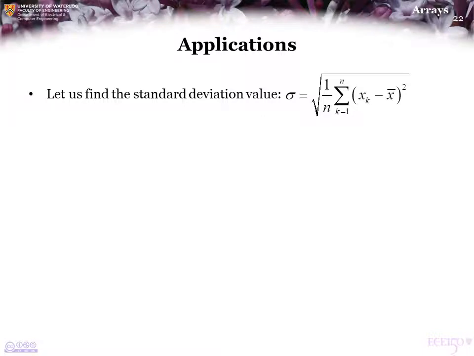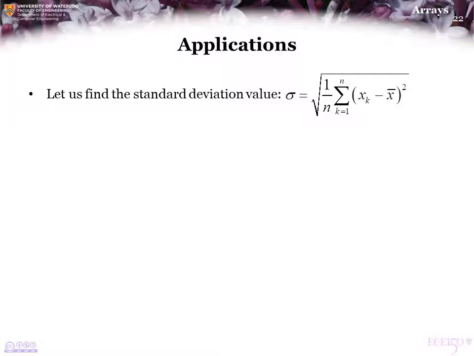Next, in secondary school, you may have heard of the standard deviation of some data. The standard deviation is a slightly more complex formula than the average value, but it isn't that much more difficult.